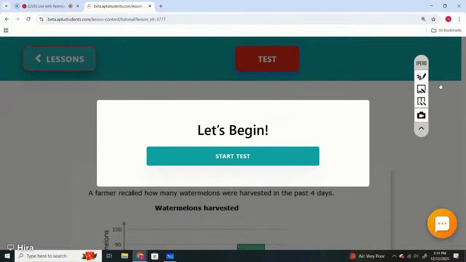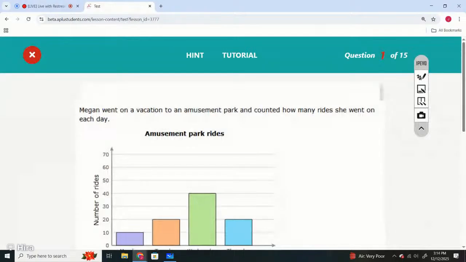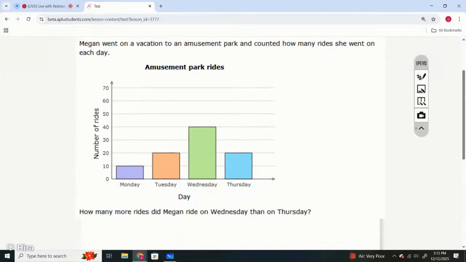Let's just start with the test questions. Megan went on a vacation to an amusement park and counted how many rides she went on each day.